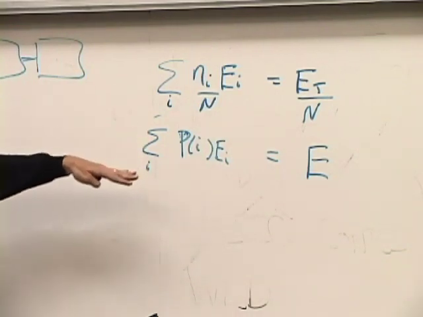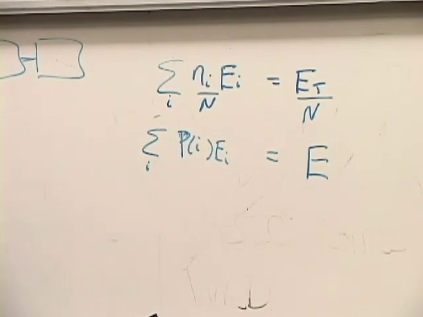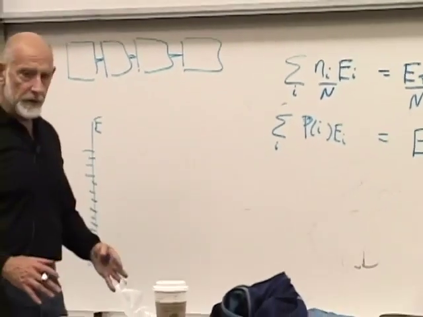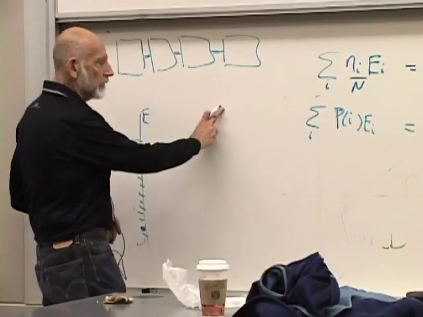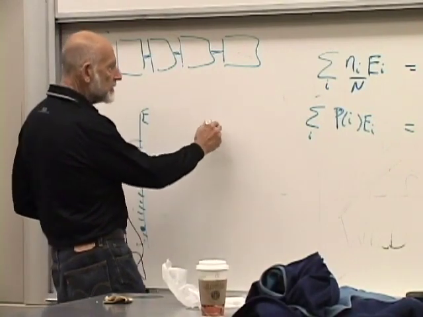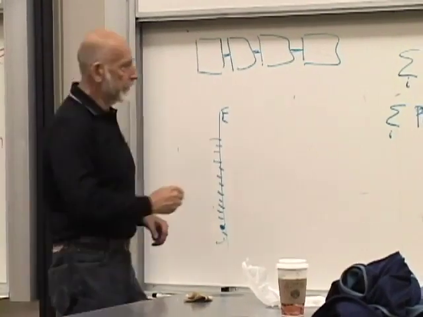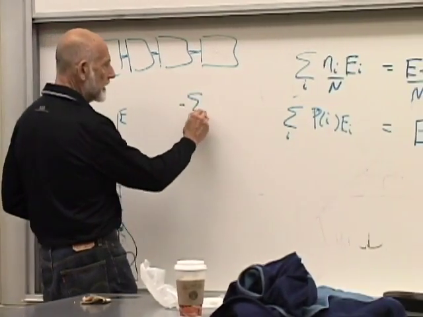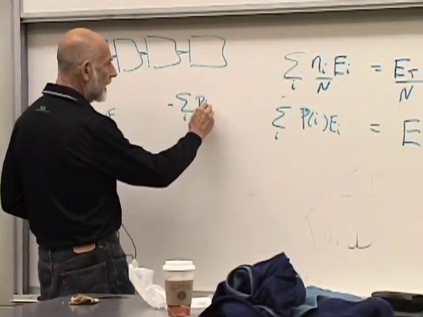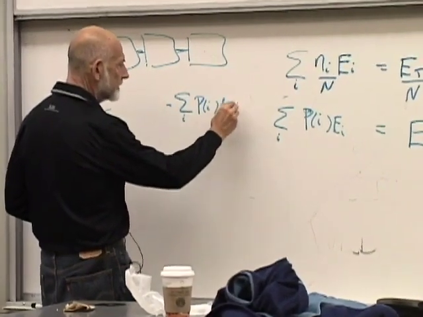This was a constraint, and what we want to do is maximize the entropy. Remember what S is? S is minus the summation over i of P sub i log P sub i.